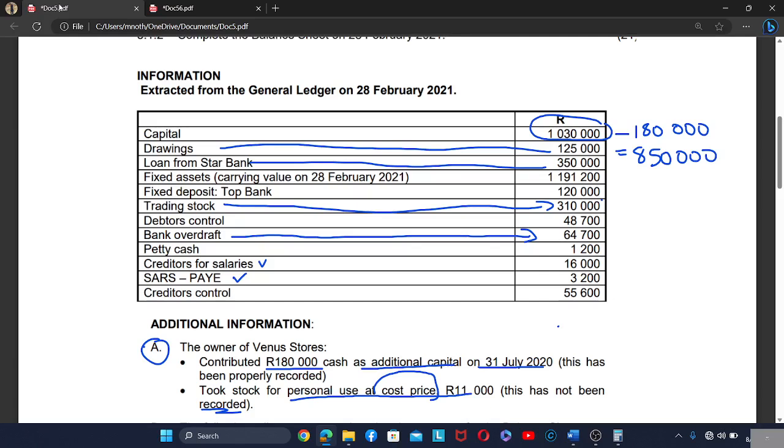Surely we made a mistake because it's not balancing. In our balance sheet, it is supposed to balance. So now what is the problem?